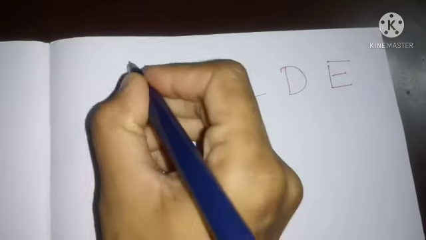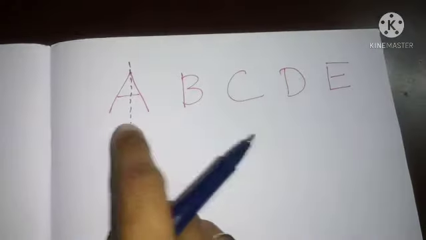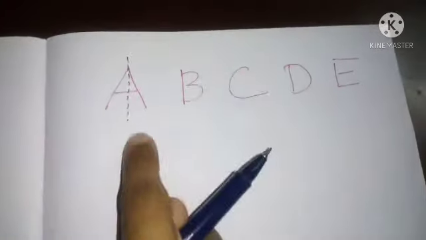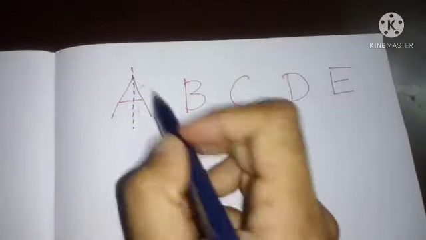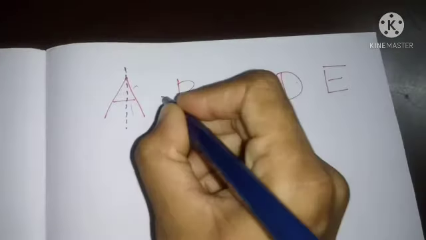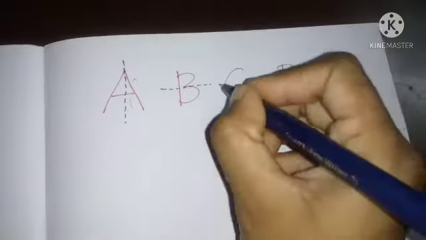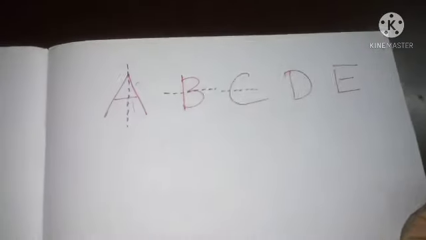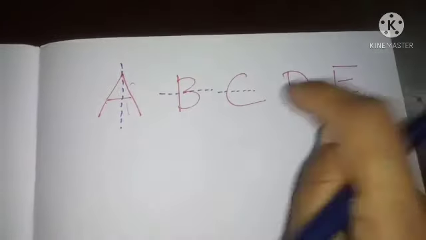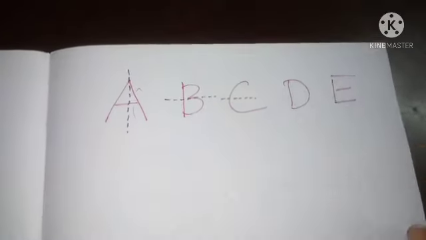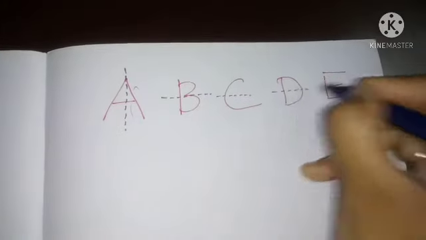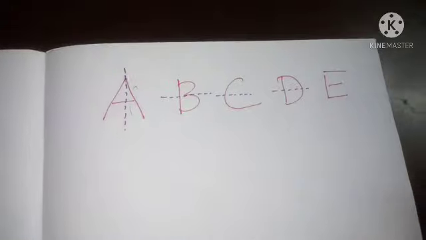This A is symmetrical because if I draw the vertical line of symmetry, this side and this side are equal. B is also symmetrical, but I have to draw the horizontal line of symmetry. For C also I have to draw the horizontal line of symmetry. Next, D also I have to draw the horizontal line of symmetry.